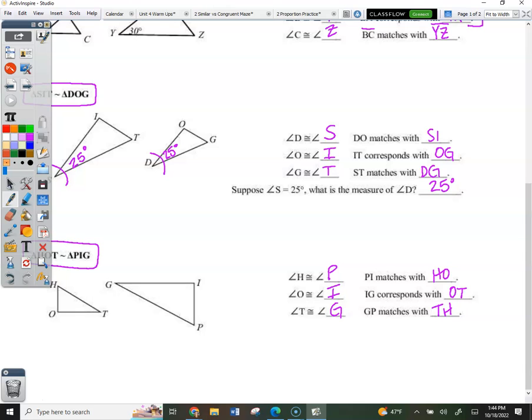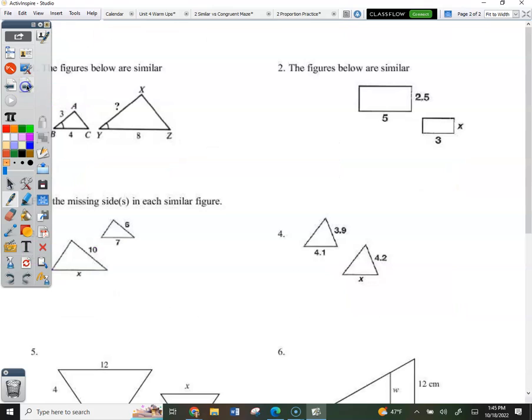Yeah, but that isn't the same order. Which is why I was hesitating. I was trying to tell myself, did I do it in the wrong order? Look, GP would be TH. Yeah, but I'm talking about on the shape, like it's G to P. Oh no, then that does matter. Because we're going to get to something where it's twisted and you do have to pay attention. So always go by the similarity statement.